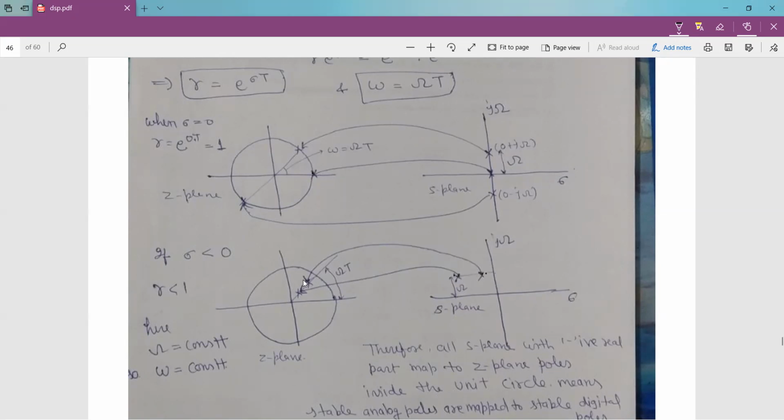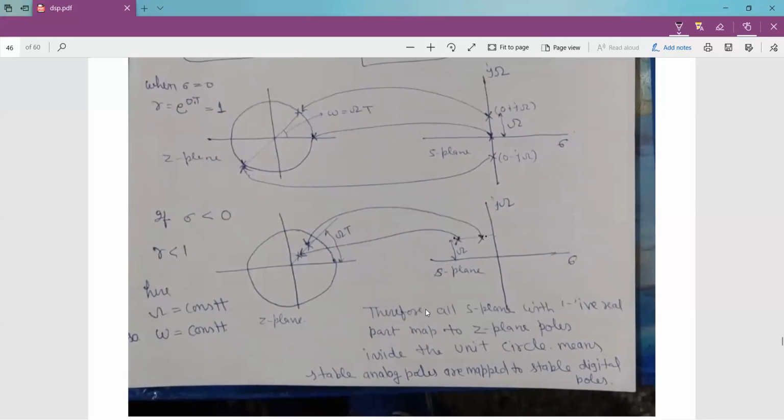So they are mapped to the same phase location but with comparatively smaller radii of the circle. This is how the left hand side of the S plane is mapped, and here we see that all S plane poles with negative real part are mapped into Z plane poles inside the unity circle, which means the stable analog poles are mapped to stable digital poles.